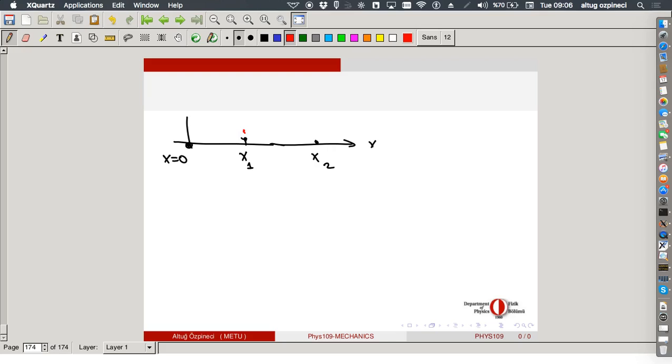Should I go left or right? Let's go left. Then I go towards x2, then I make another turn. Suppose I take such a path. So what will be the work done by the spring?